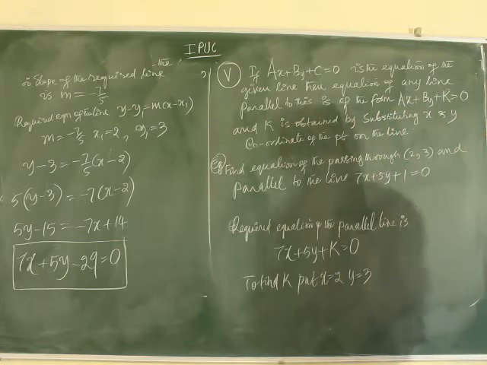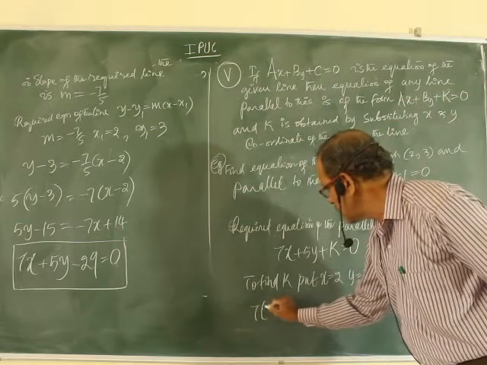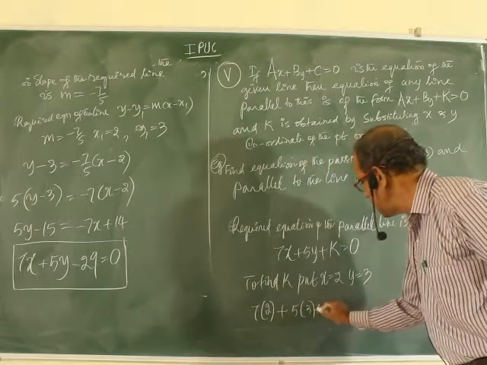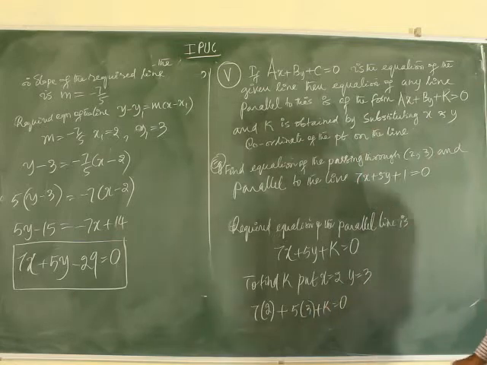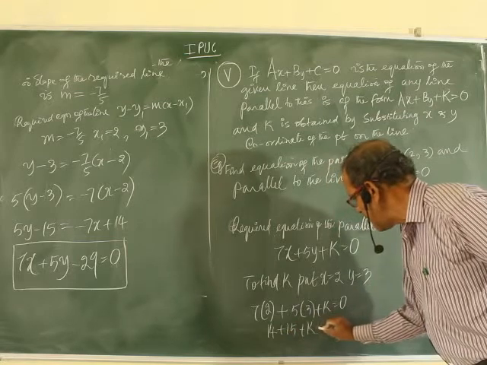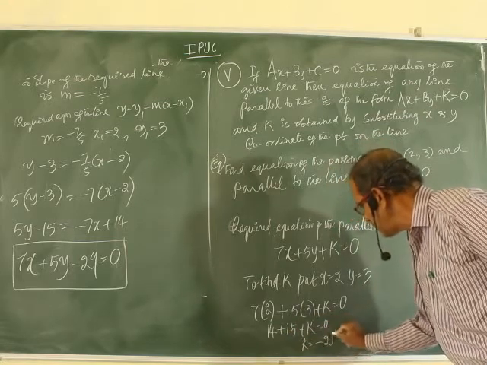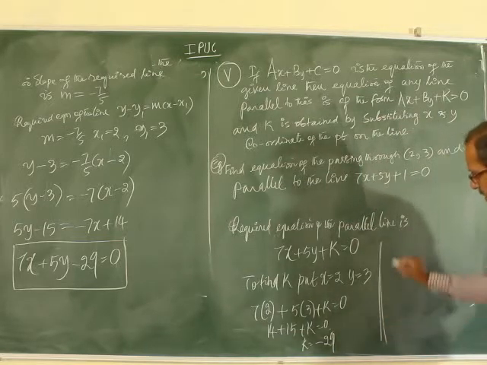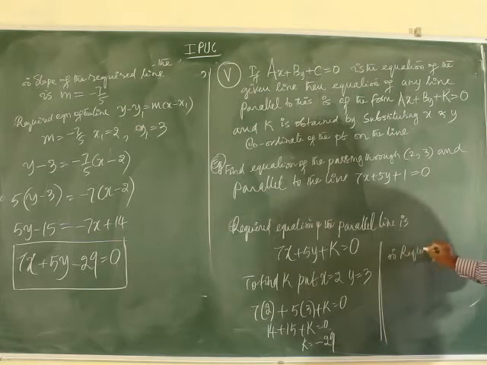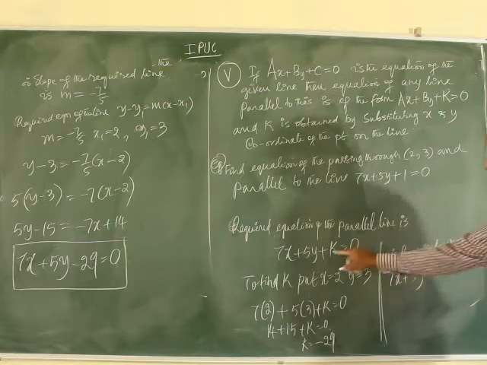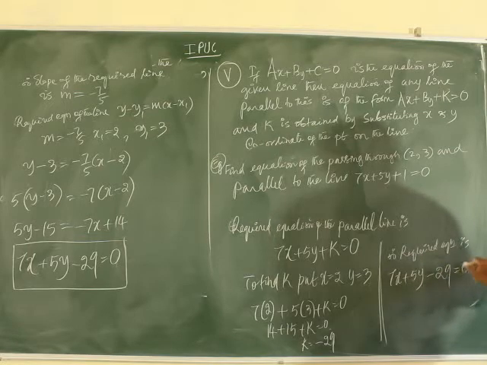What do you get? 7 into 2 plus 5 into 3 plus k = 0, or 14 + 15 + k = 0, or k = -29. Therefore, the required equation is 7x + 5y - 29 = 0.